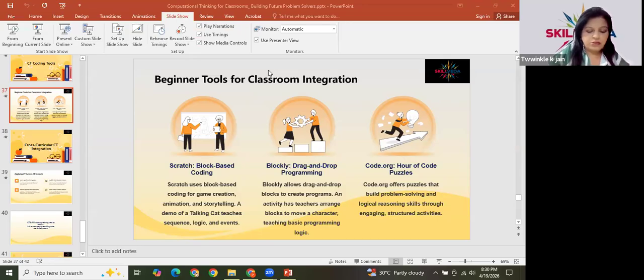Ma'am, settling itself will take 10 minutes. That may not be possible. It is all your adjustment. As a leader, you need to confirm. At least you should get 30 to 35 minutes if we are not getting 40. If it is a 45-minute period, take 5 minutes from each period and you will get a new period.